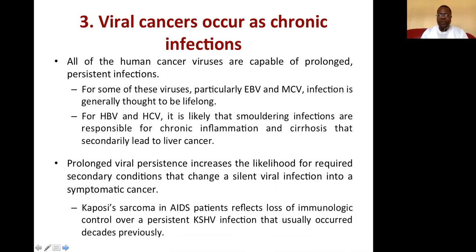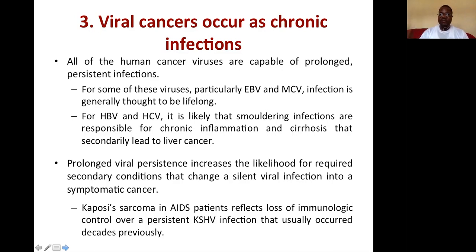So prolonged viral persistence increases the likelihood of a required secondary condition that then changes a silent viral infection into a symptomatic cancer. Remember, in the lytic phase, the virus replicates much more actively. Then when the cancer starts developing, the virus becomes trapped in the cancer cells and stays in a latent phase.